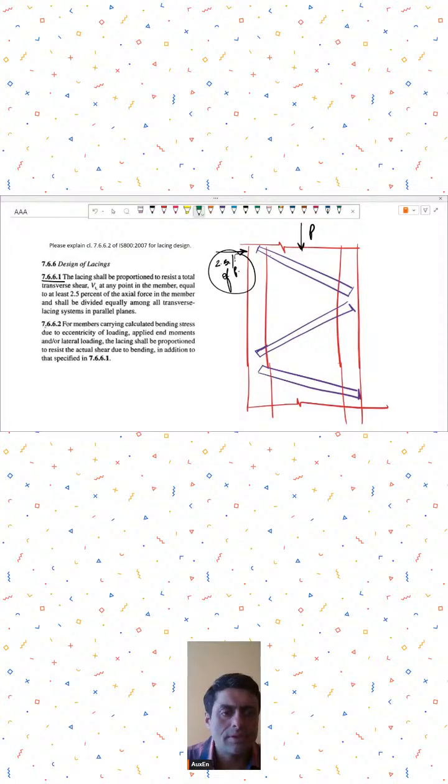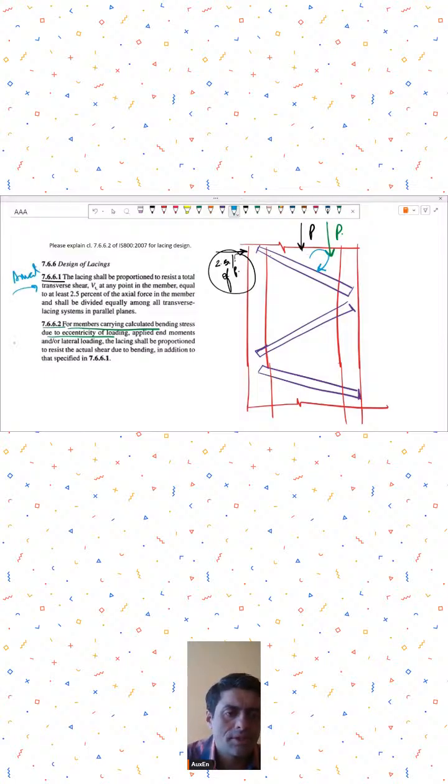Now in 7.6.6.2, they are saying for members carrying calculated bending stress due to eccentricity of loading. So this means that, let's say, my axial load is at certain eccentricity. Basically what it means is that there is some movement in the frame now. So in the earlier clause it was only subjected to pure axial loads.